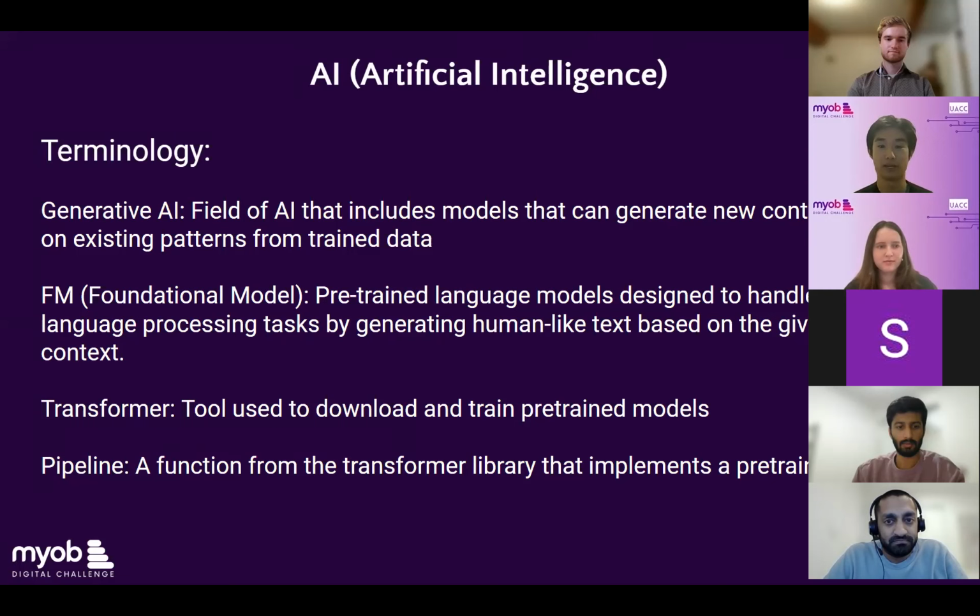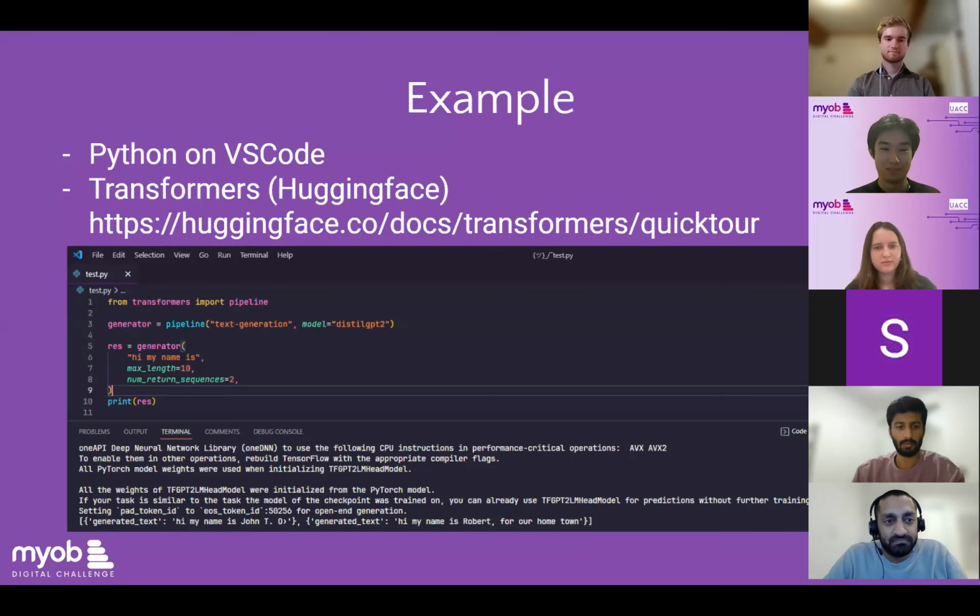If I show an example of this, this is just a quick example that I made up using the Hugging Face website, which was provided in the case. This example uses the DistilGPT2 text generation model, which you can find just by searching on Hugging Face. To do this, I'm using Python in VS Code.